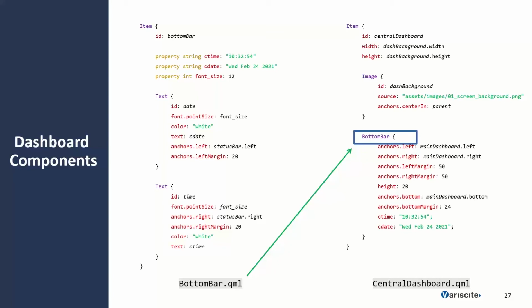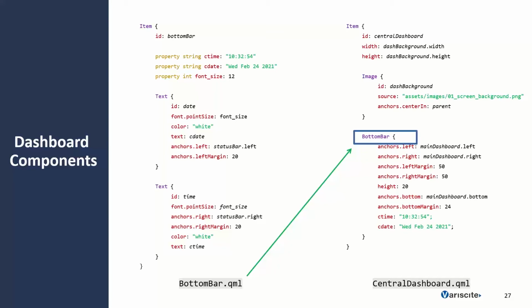We provided them some defaults, and we also declared the text that are supposed to render this part. And we also indicated the colors, the anchors capability, the font, and whatever. So this is the declaration of the bottom bar, and it is a dedicated component. So it's a dedicated QML file.